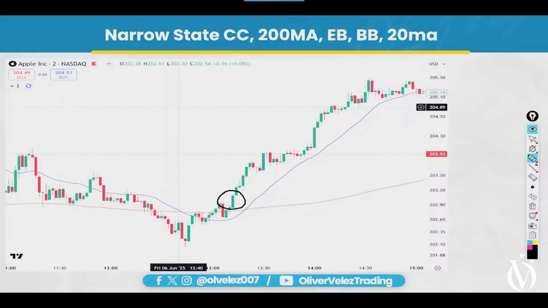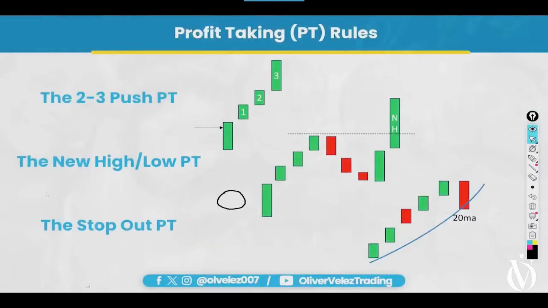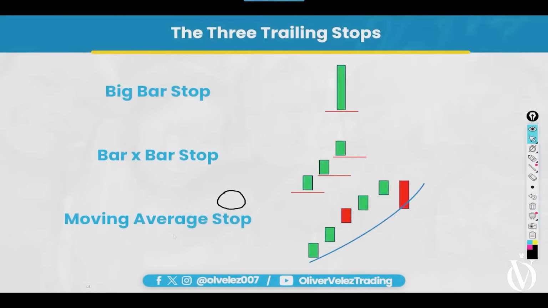Let's cover one stop adjustment, the big bar. Remember I told you what the stop adjustments were? I want to go over this with you really fast, right? One stop adjustment is the big bar, right? Putting a protection, a stop protection under every solid bar, every sizable solid bar.